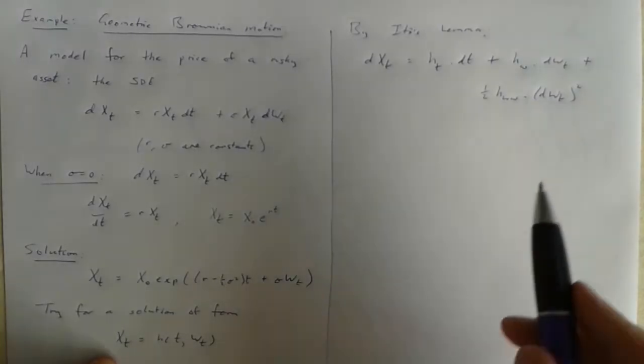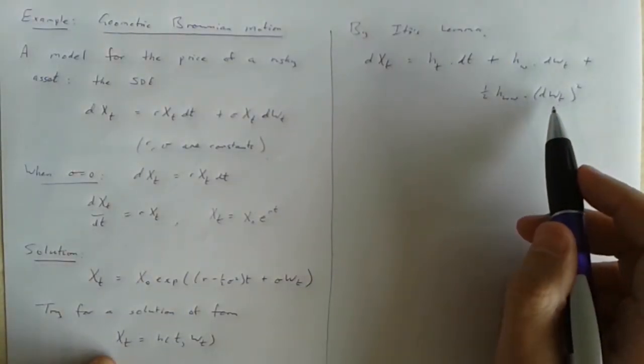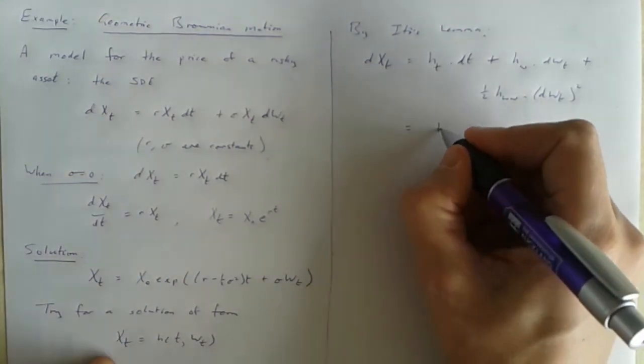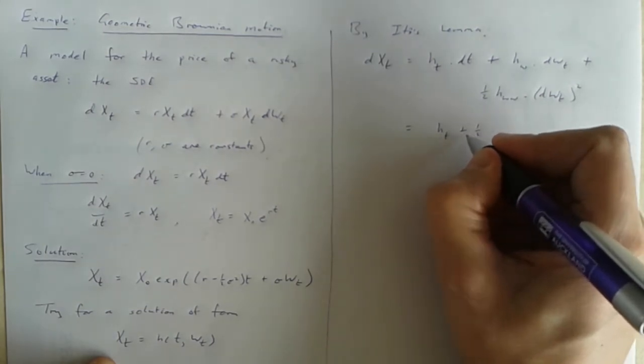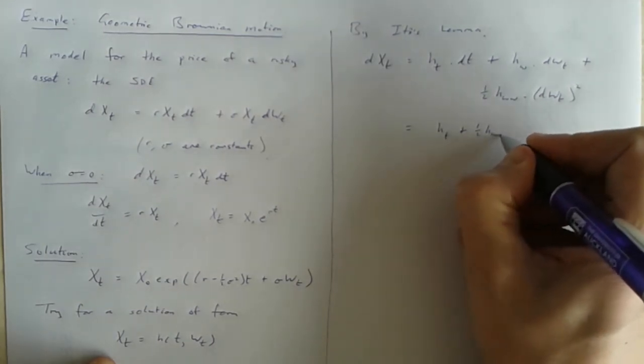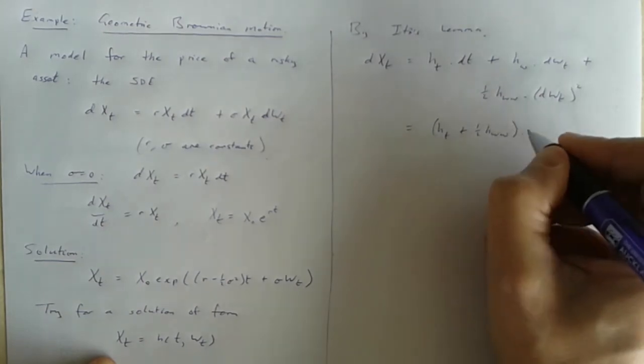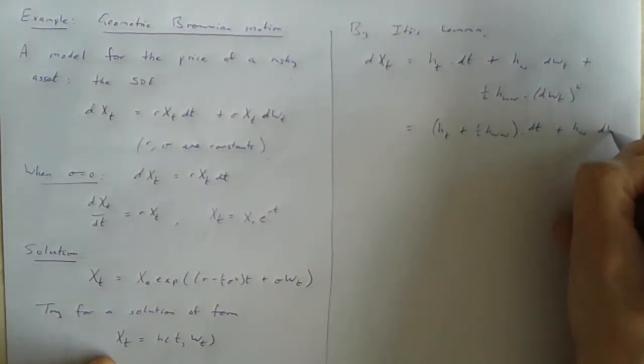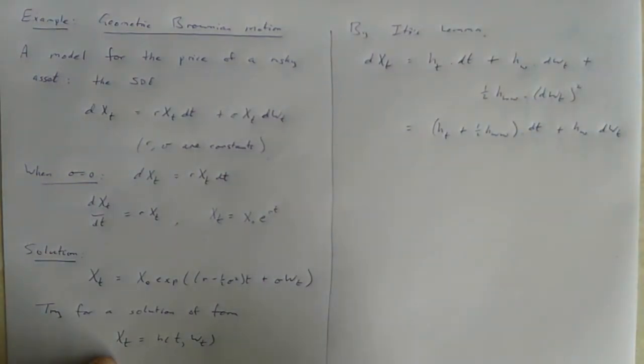Now actually we know that the quadratic variation of a Brownian motion between time 0 and t is just t, so we can immediately simplify this. It's like that.